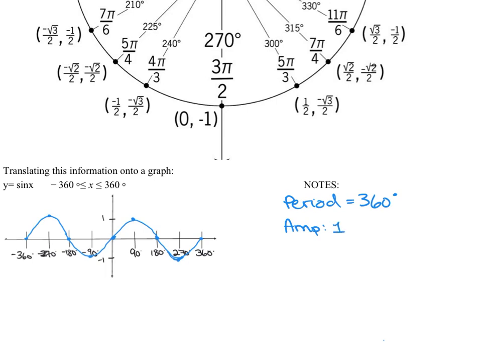And we know that our range goes from negative 1 to 1 inclusive, and our domain was given. If we were not given a domain, then this wave could cycle on indefinitely.